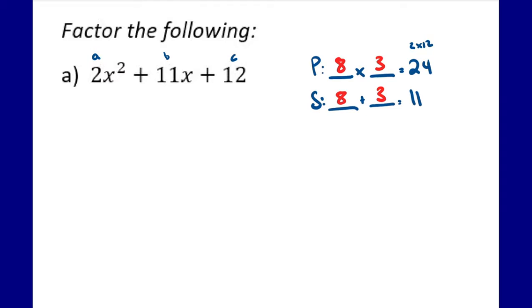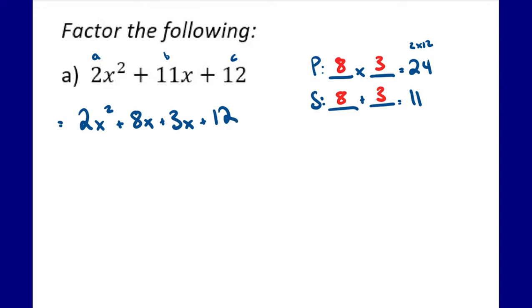Normally, if this was a simple trinomial, we'd just take those two numbers and plug them into the brackets. What we're doing now is breaking up that middle number. So now this becomes 2x squared plus, instead of 11x, 8x plus 3x. We're just breaking that down into two terms. It still means the same thing.